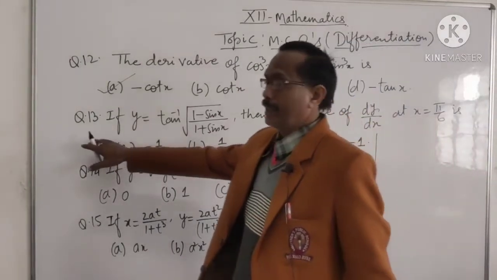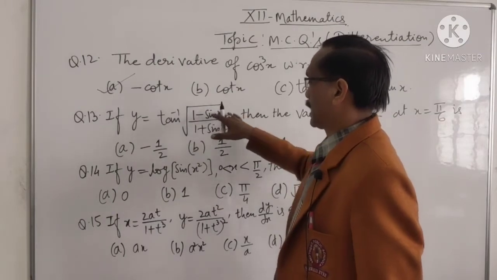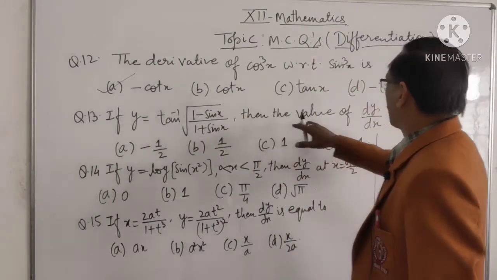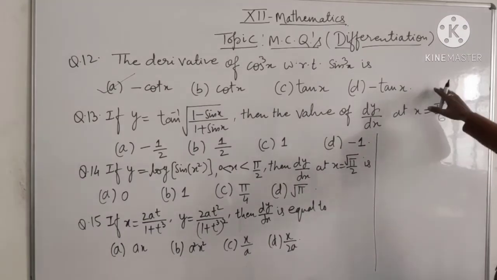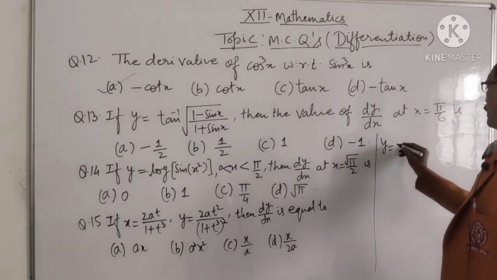Next, question number 13. If y equals tan inverse of root of (1 minus sin x) upon (1 plus sin x), then what is the value of dy over dx at pi by 6? So here y equals tan inverse.